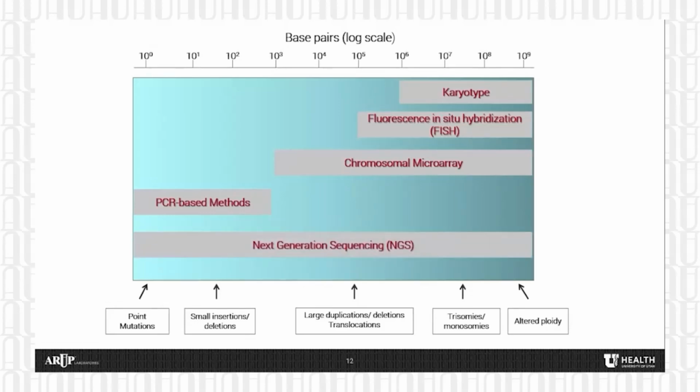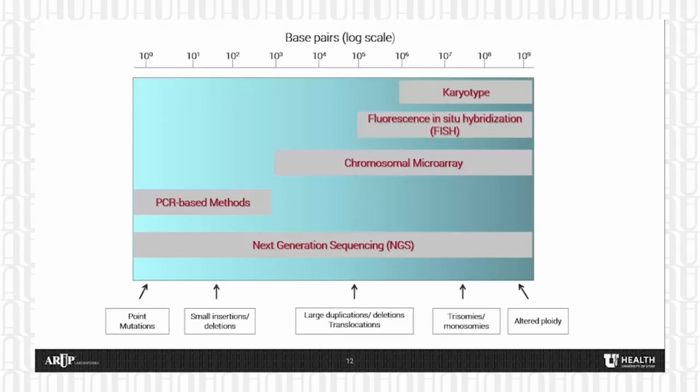So I'm not going to talk about next generation sequencing. I just wanted to mention it briefly, that NGS is a very powerful technology, and can basically detect any kind of genomic alteration, of any size or kind.